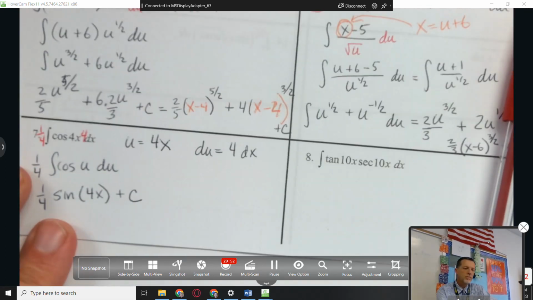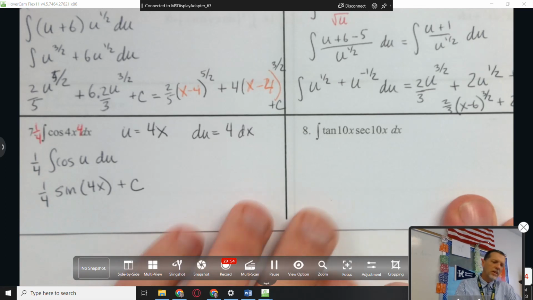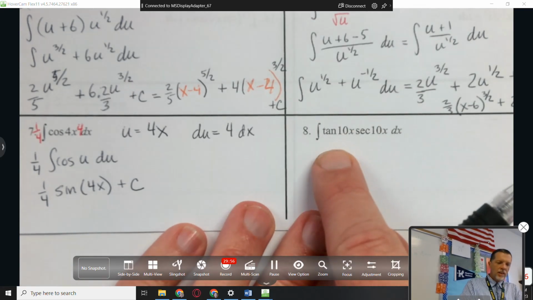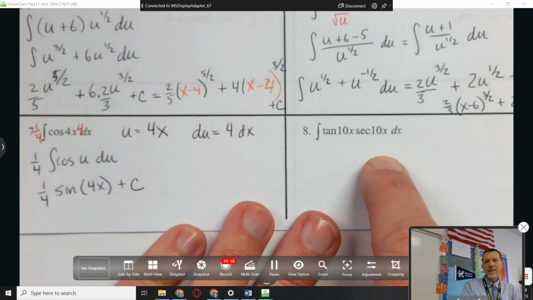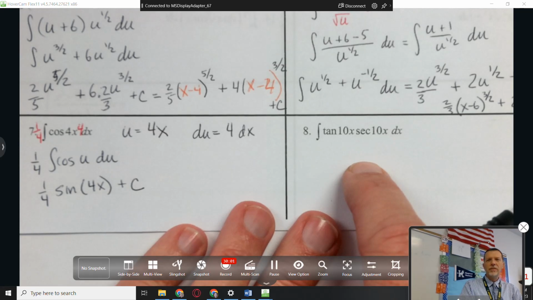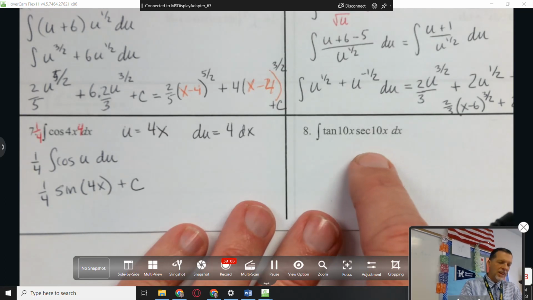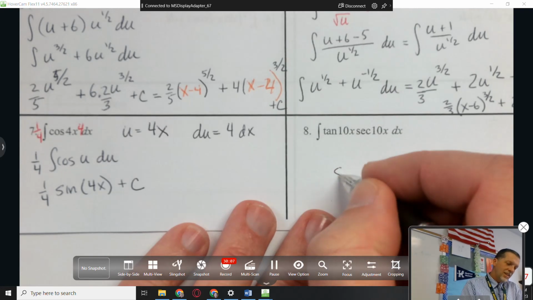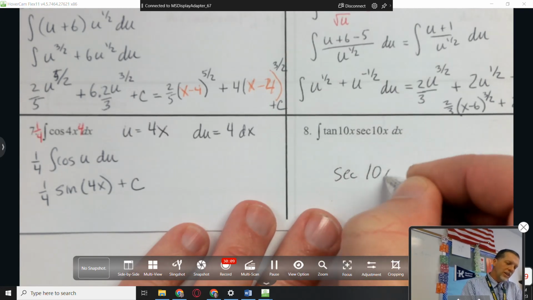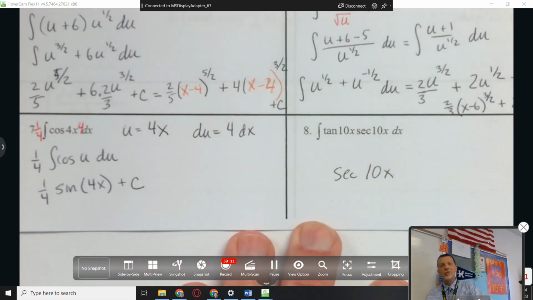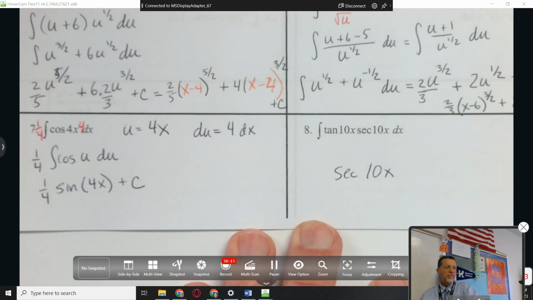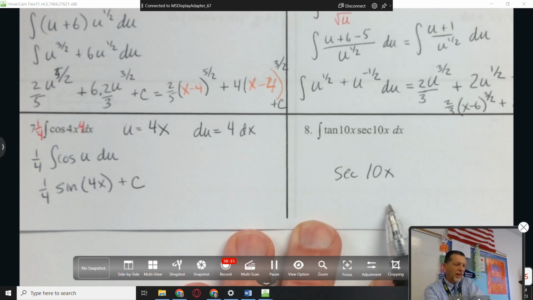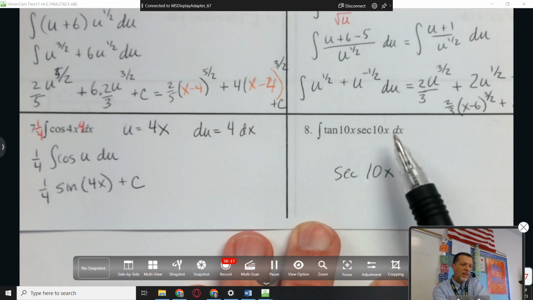Number 8's pretty similar. Ignore the 10x. Tangent secant. That's the derivative of somebody, that's secant. Yes. So, you know what? Let's try to bypass u substitution altogether. The derivative of secant of 10x would be tangent 10x, secant 10x.